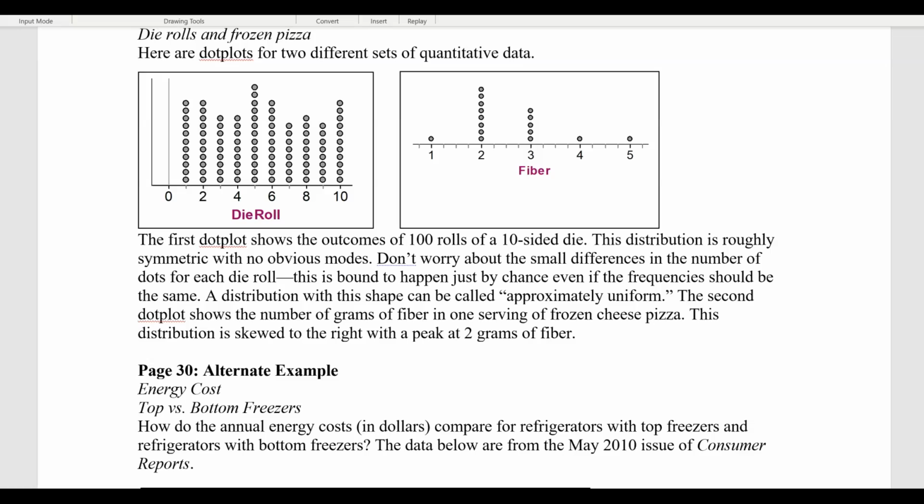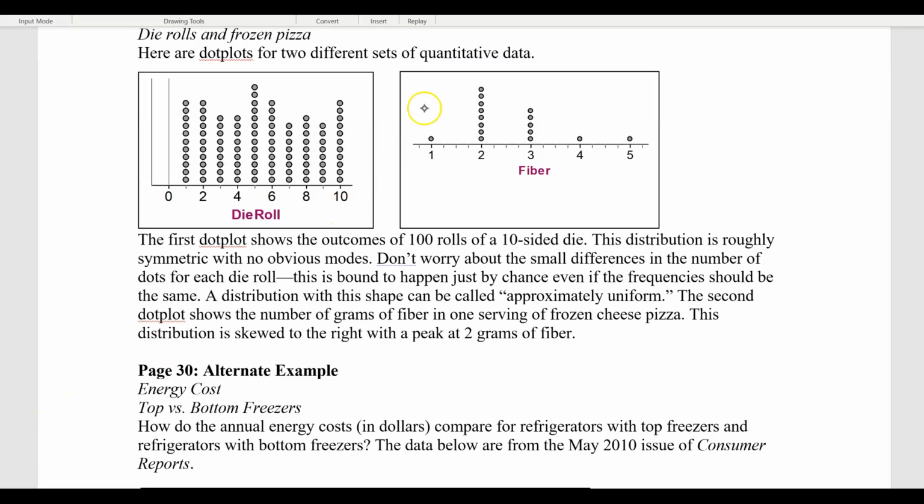It's not going to be exactly that many. That's the idea of understanding inferential statistics. We base our inferences on what would happen in the long run. So 100 rolls is definitely a lot of rolls, but it's not as many as 1,000 or 10,000 rolls. As we get closer and closer to 1,000 or 10,000 rolls, we'll get closer and closer to what's called a uniform distribution, everything occurring about equally often.